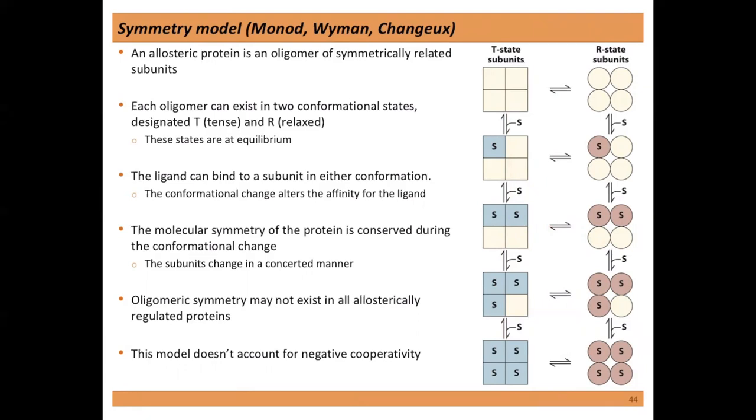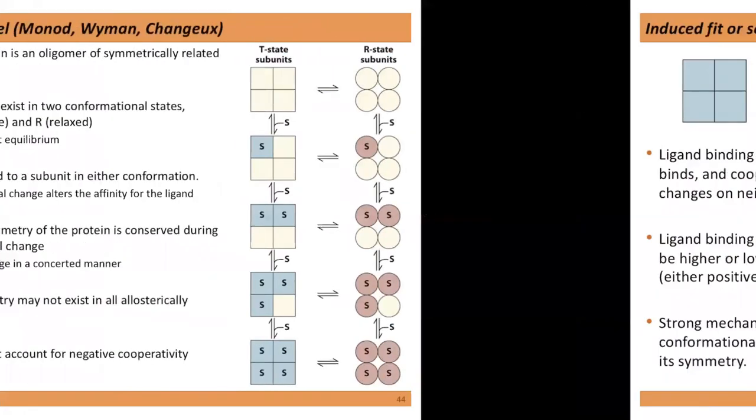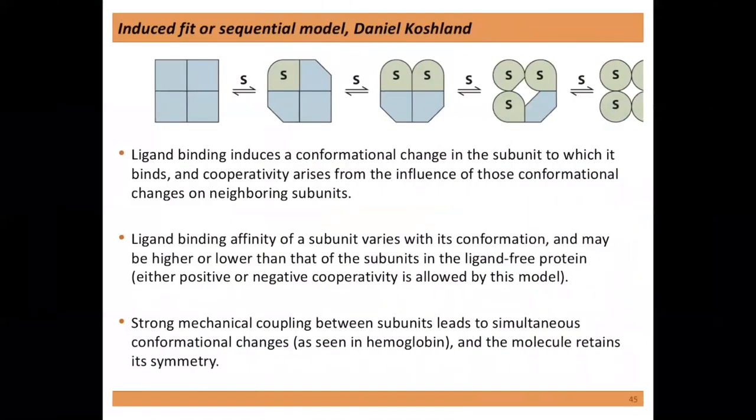So this model right here could be used to account for oxygen binding to hemoglobin, but in some cases we see a negative cooperativity where binding of a ligand makes it more difficult for the next ligand to bind. So there is a second model, and that is the induced fit or the sequential model, and that is where once the substrate binds, it's going to have a kind of localized effect on the subunits adjacent to it.